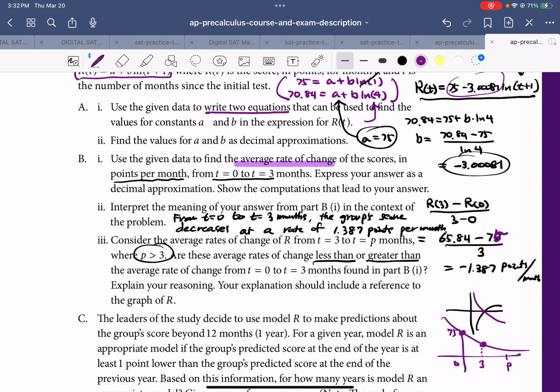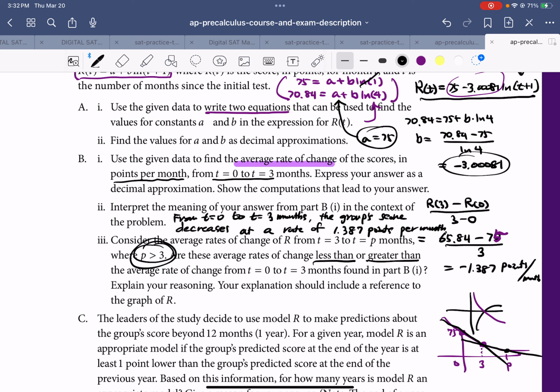So what is the average rate of change? Basically the slope of the secant line here. And p is any point greater than 3, somewhere here, let's say. Then this slope, the average rate of change, should be greater, because a negative slope that is less steep is greater.